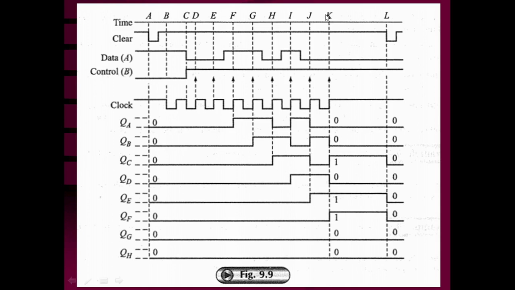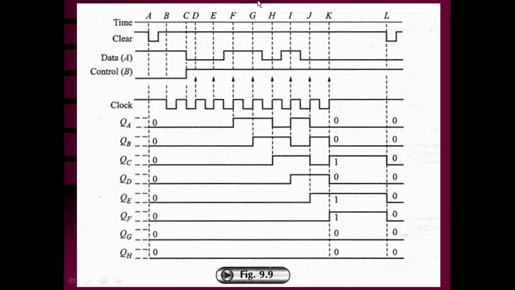At the instant of time K, the clock pulse is stopped. That means the clock pulse is held high. It is not allowed. That means whatever data is there, that data is going to be latched into the shift register, or stored in the shift register. At the instant of time L, all the flip-flops are going to be reset. 0 0.